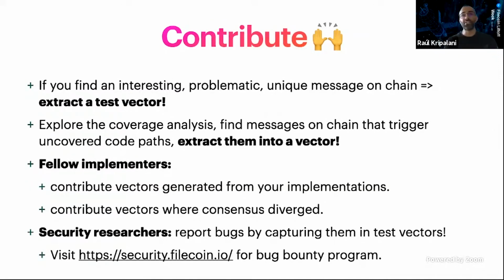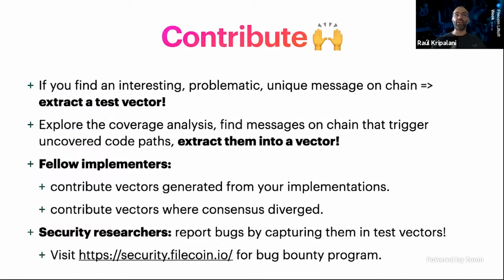So just a few notes. If you were intrigued by all of this and you would like to contribute to making Filecoin more robust and better tested, if you find an interesting, problematic, or unique message on chain that you want to capture and memorize, then you can extract a test vector.